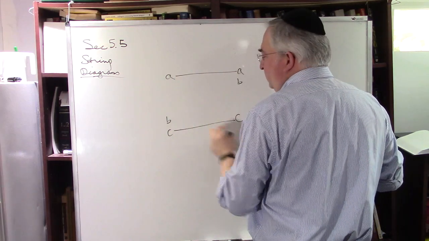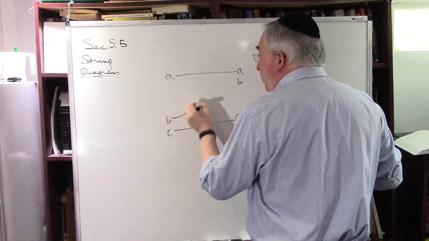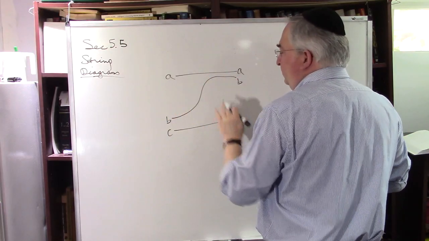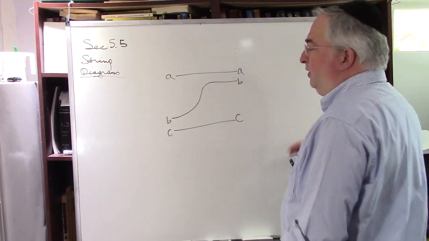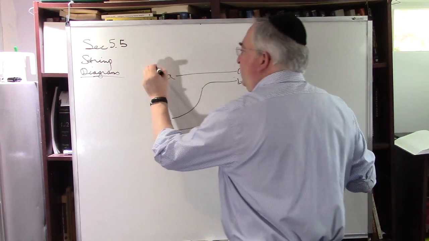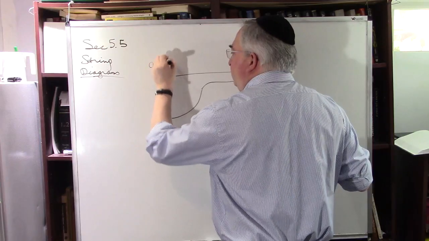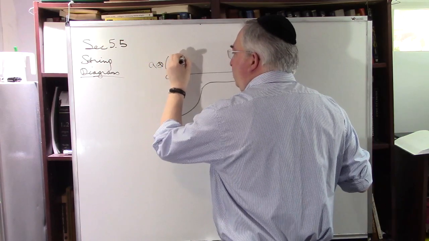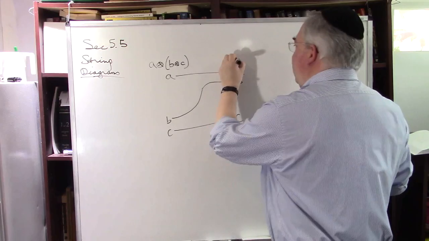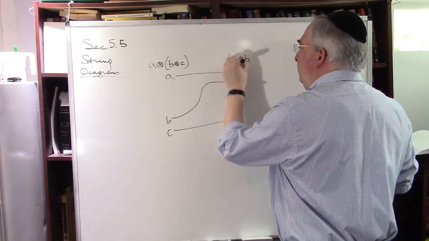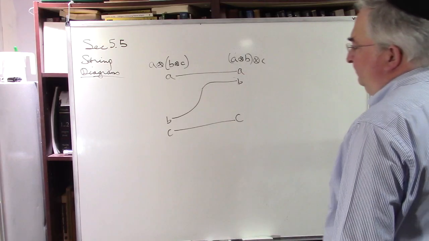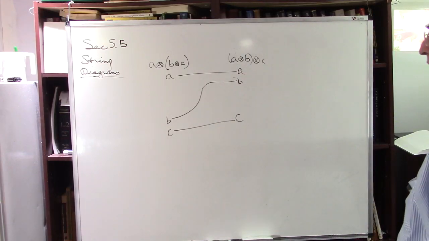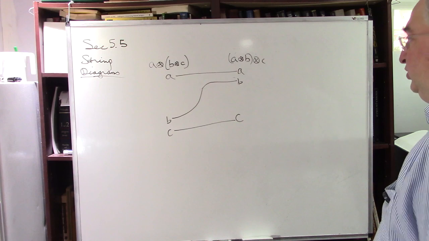A goes to A, C goes to C. B was close to C, but now gets close to A. And the way to envision this is A tensor B tensor C, and this is A tensor B, they're close, tensor C. Okay, so now we're talking about associations.